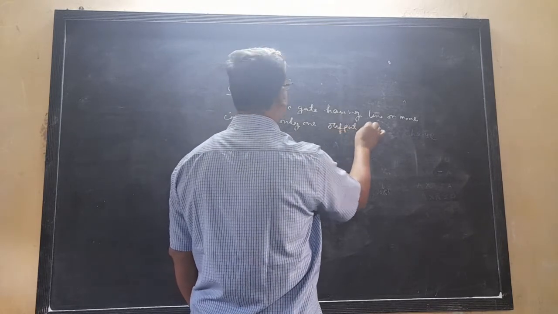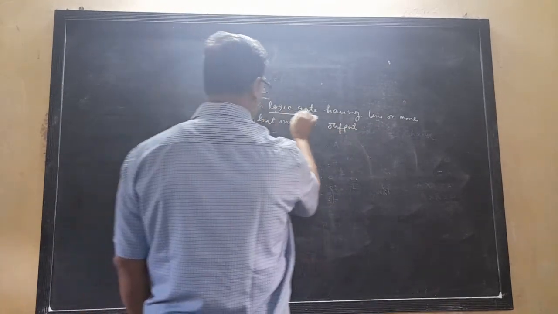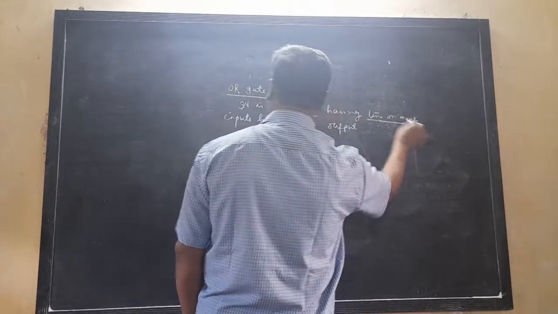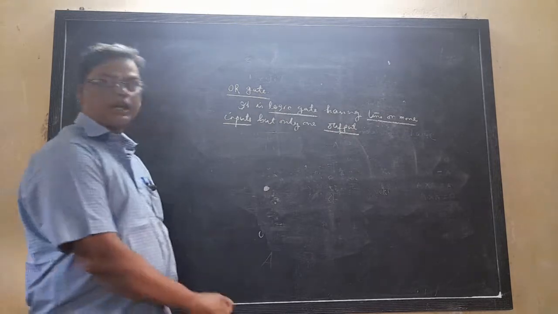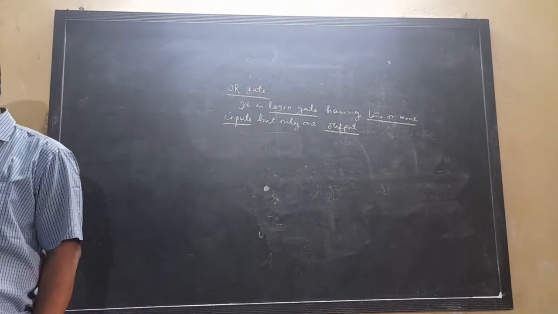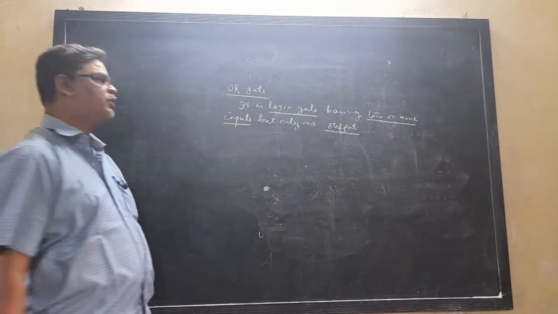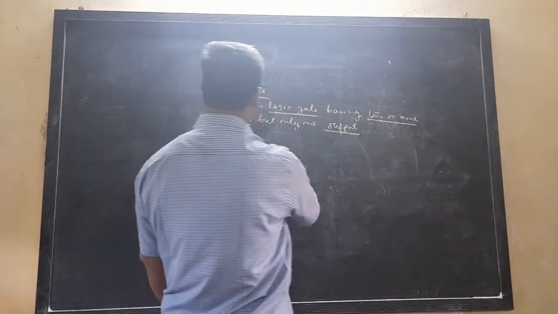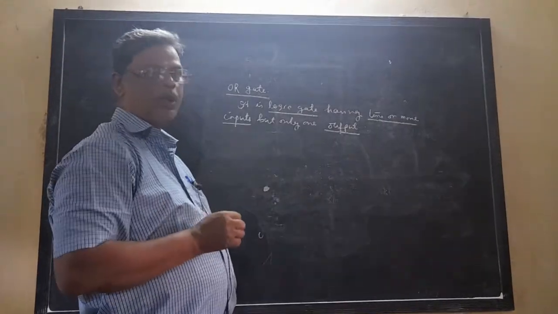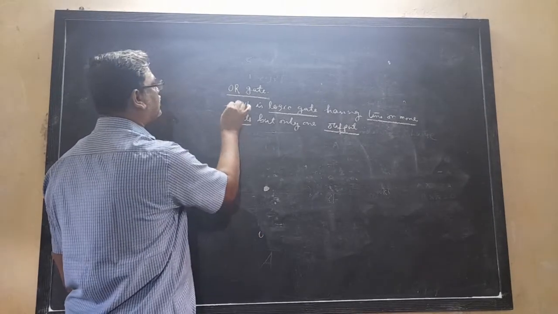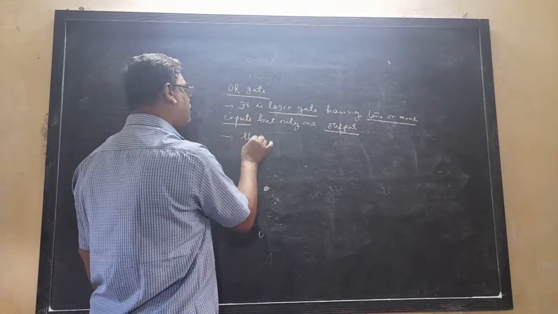Clear? So it is a logic gate having two or more inputs but only one output. And the output is low when all the inputs are low.